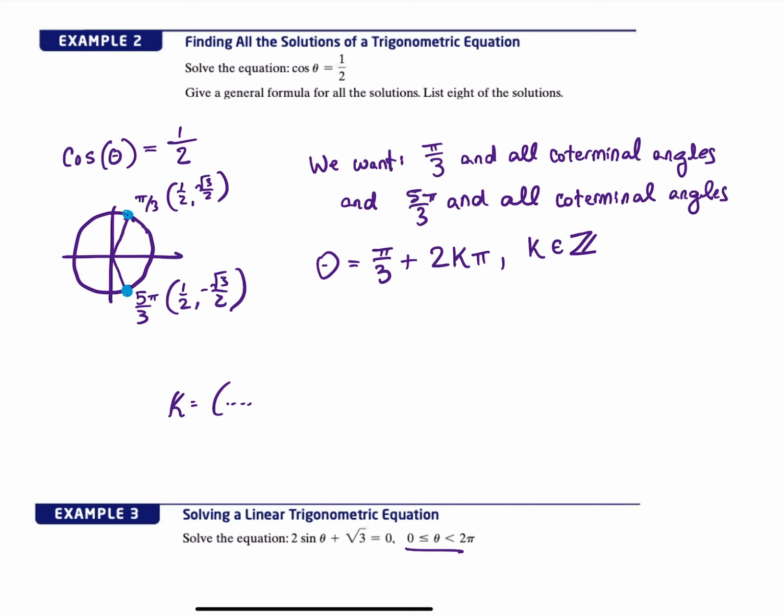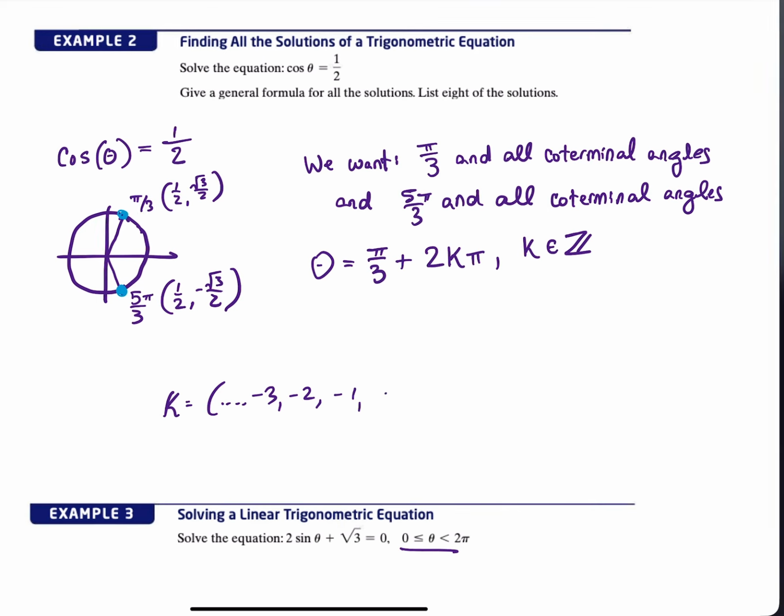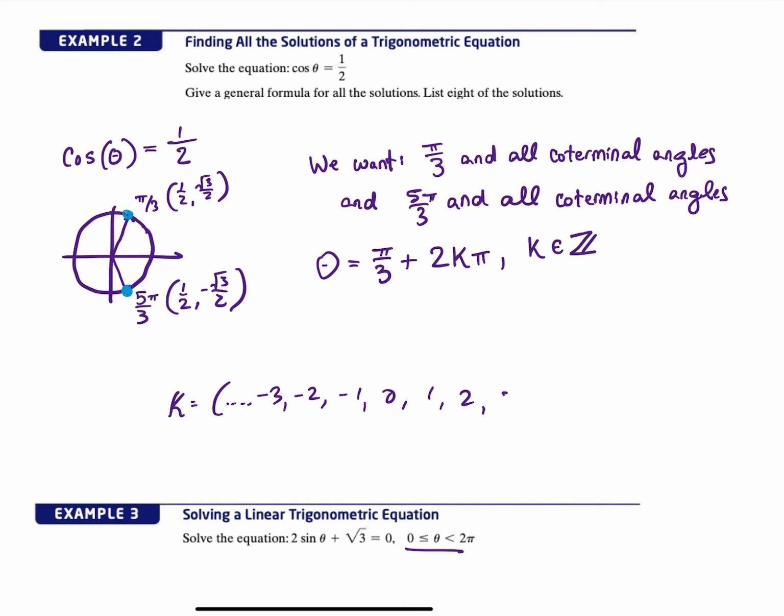We can summarize this as going to -3, -2, -1, 0, 1, 2, 3. This is the set of all integers. So I'd say k is an element of this. That's what this little e means. It means it can be any one of these things. And that effectively allows us to add any number of 360-degree rotations to our original angle.